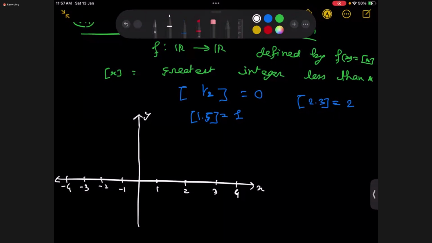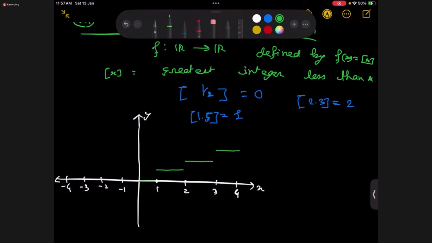We can draw it with a green line. We are not including 1 here. That 1 is in the next level, and we will stop before 2. Again 2 is in the next, and we are stopping before 3. Again 3 is in the next, and we are stopping before 4.